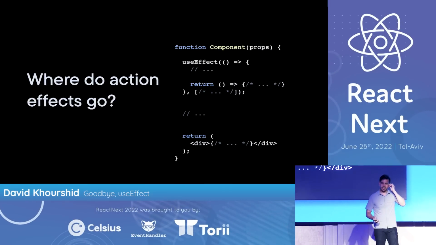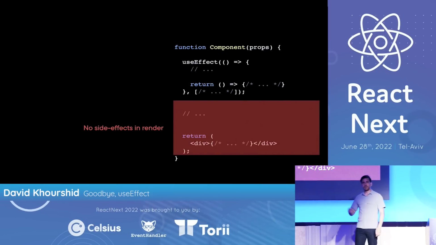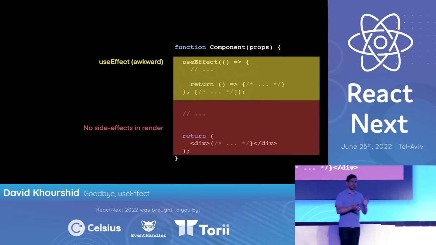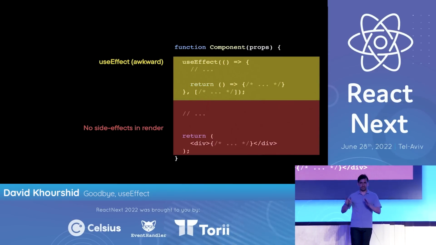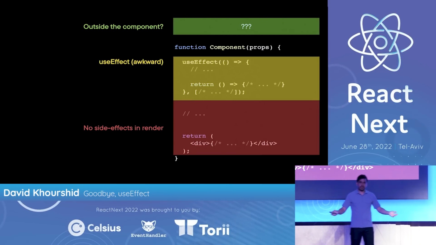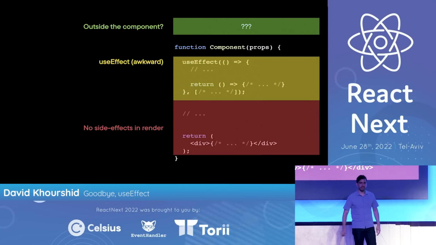So with that said, where do action effects go? So we know that you can't have any side effects in render, and also using useEffect is really just the awkward place to put them. So where else could they go? Outside of the component, like what exactly does that look like?